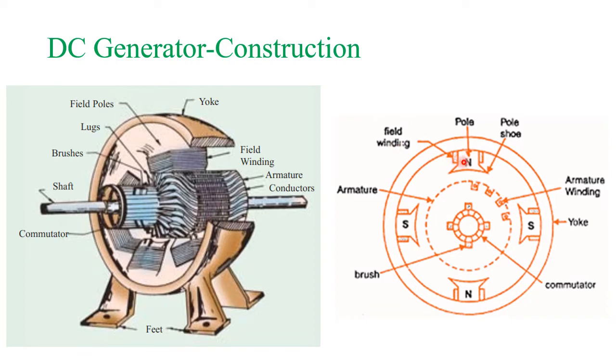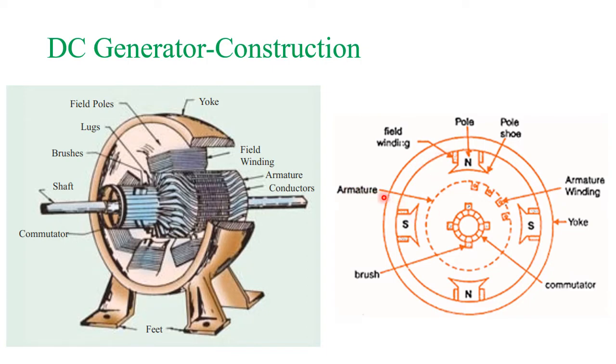You can see in the pole there is a field winding which is wound on this pole, and this pole has a pole shoe for providing better flux, right? And these are the stationary parts like the yoke, pole shoe, and field winding. They form the stationary parts of the generator.